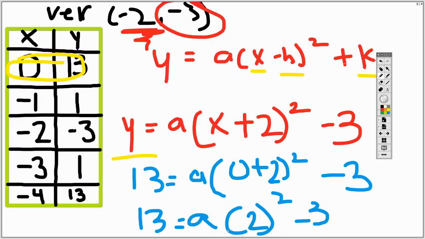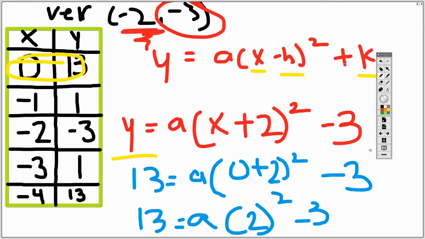Then 2 to the power of 2 is 2 times 2, which is 4. So this becomes 13 equals a times 4 minus 3. The reason I'm getting times is because we need to remember that the a is next to parentheses, and that's basically an imaginary times sign here.